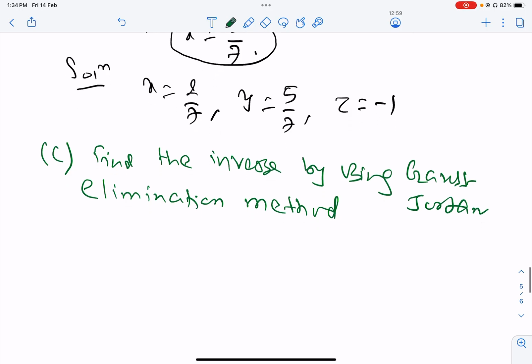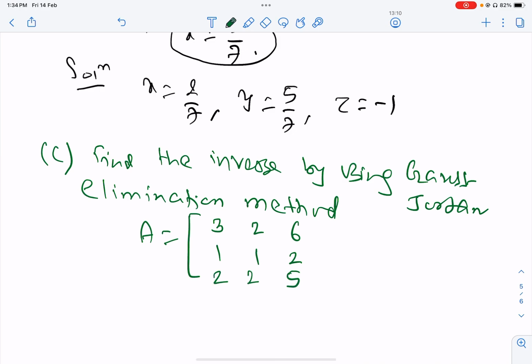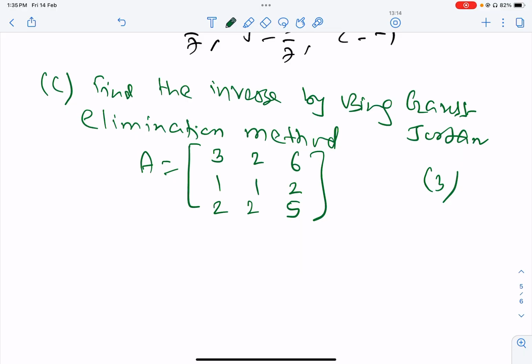So we need to find the inverse of A, that is the matrix 3, 2, 6, 1, 1, 2, 2, 2, 5. So let us find the inverse.